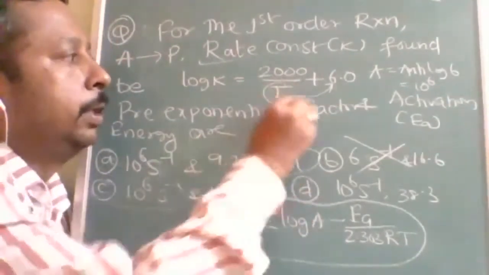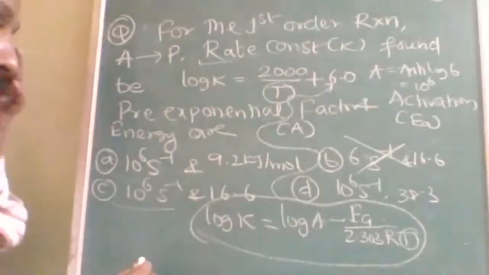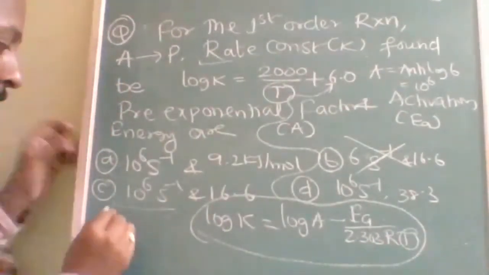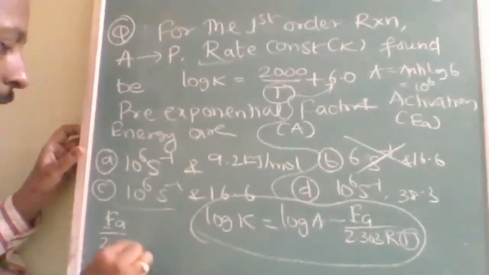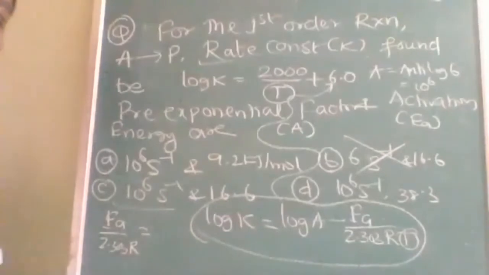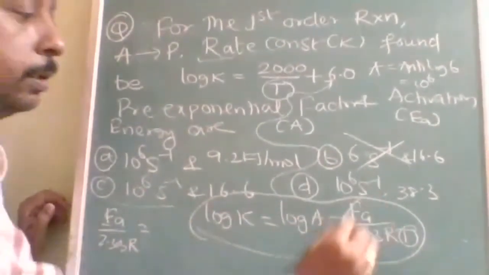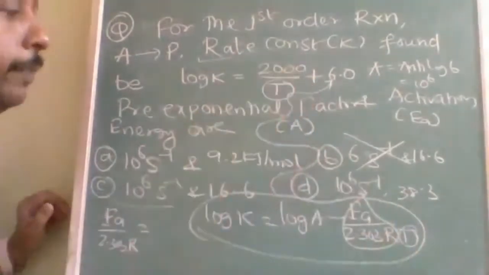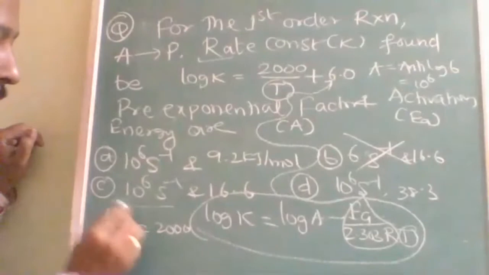So T removes that. That means EA upon 2.303 R. Is it visible to all of you? EA upon 2.303, in this place, what I am finding out is equal to 200. So I want the EA value.